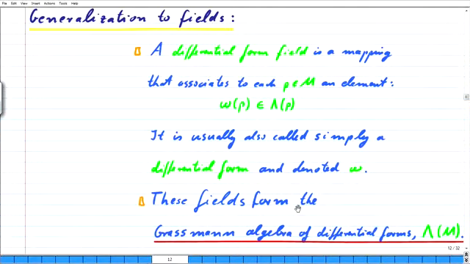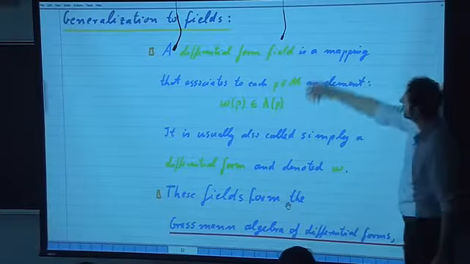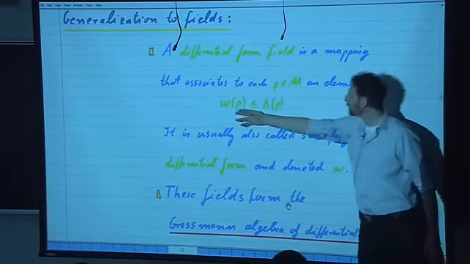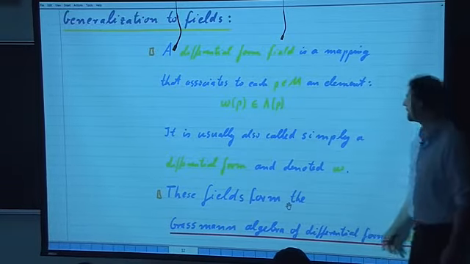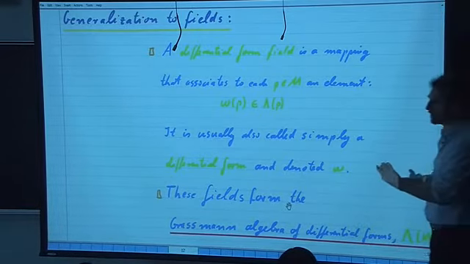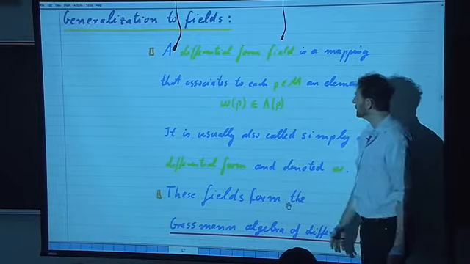Now we generalize that globally to fields. So a differential form field is a mapping that associates to every point in the manifold one of those elements of the Grassmann algebra. So it's just like a vector field. But instead of giving you a vector, it gives you an element of the Grassmann algebra for every point of the manifold.